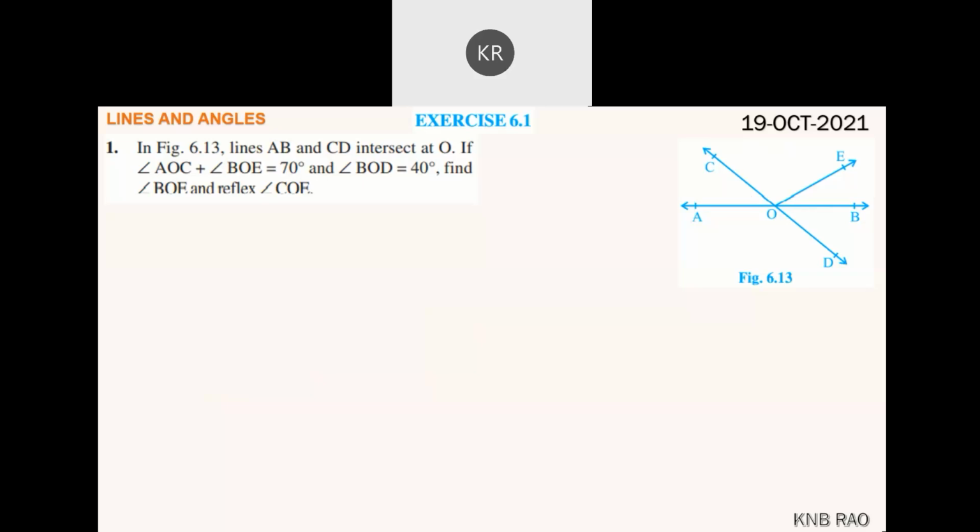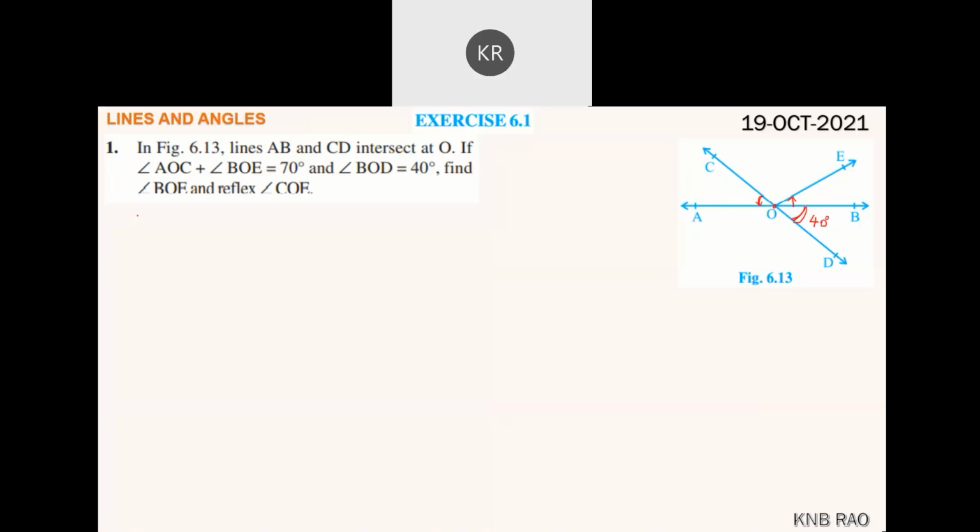In figure 6.13, lines AB and CD intersect at the point O. If angle AOC plus angle BOE together is 70 degrees and angle BOD is 40 degrees, find angle BOE individually and angle COE.